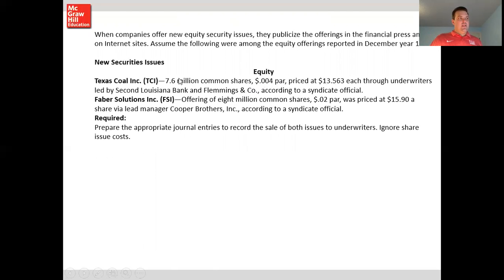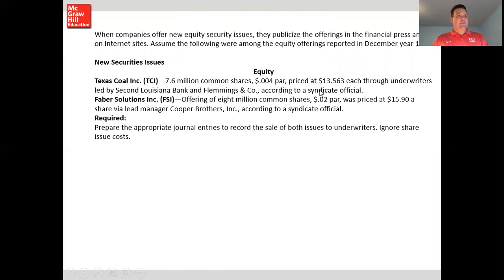So effectively what I should do is take my number of shares times the price to get my debit to cash. I should take the number of shares times the par value to get my credit to common stock. And then the difference, like I said, two ways to do this. We can either take that minus this, or just the remainder of whatever it takes to balance is going to go to paid-in capital in excess of par.